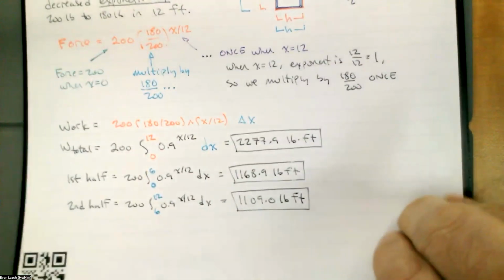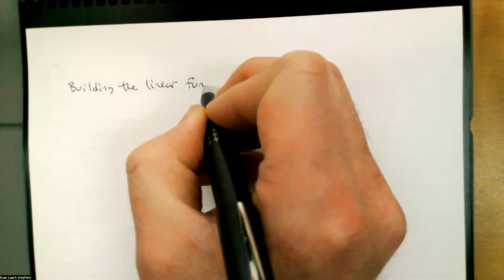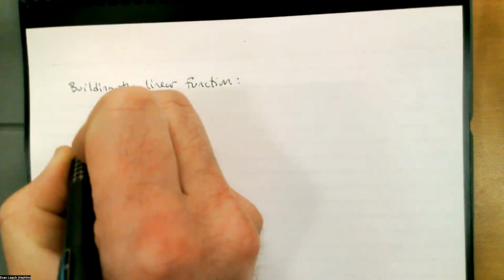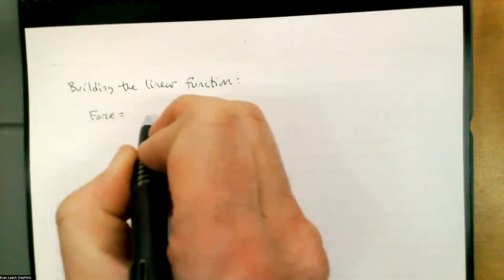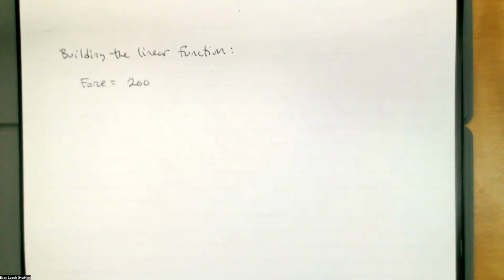So if you think about when we recall the linear function, when we're building a linear function, our change is by addition. Our change is going to be repeated addition expressed with multiplication.